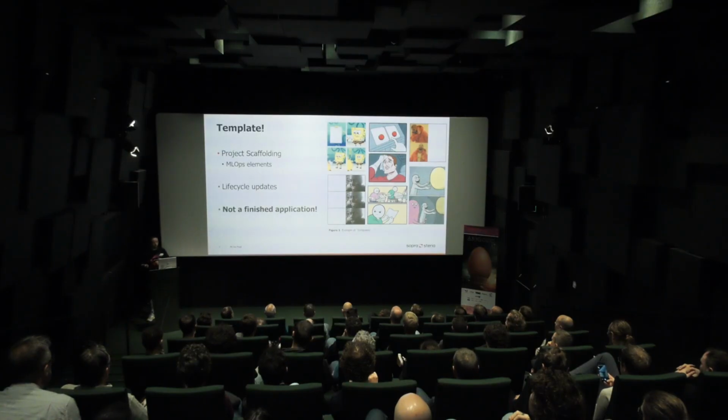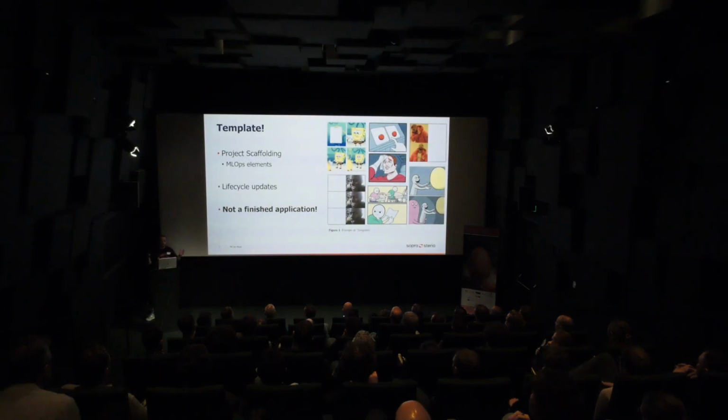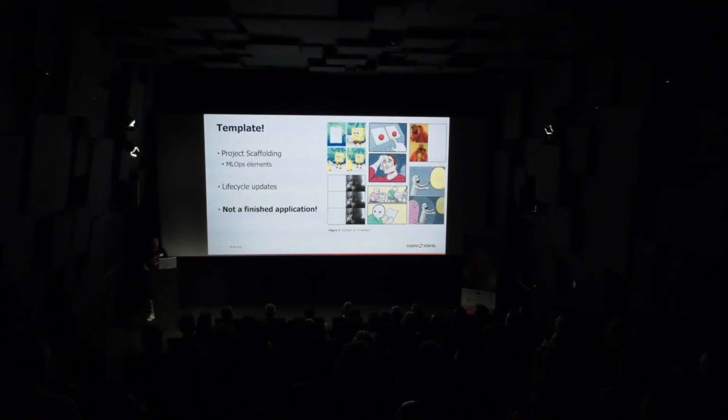To go about this, I've designed something called a template. This template is, so to say, project scaffolding. And it attempts to implement all kinds of machine learning operations elements, to make your life a little bit easier and to achieve this velocity, validation, and versioning. Pretty important for your template is that it should be able to roll out lifecycle updates.